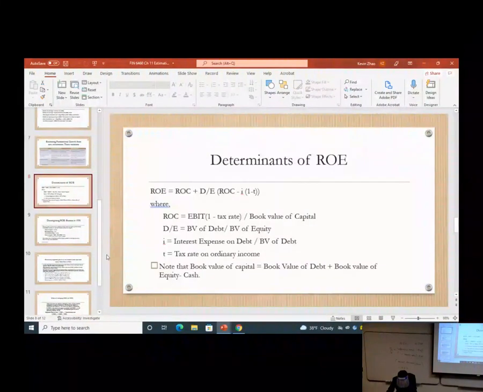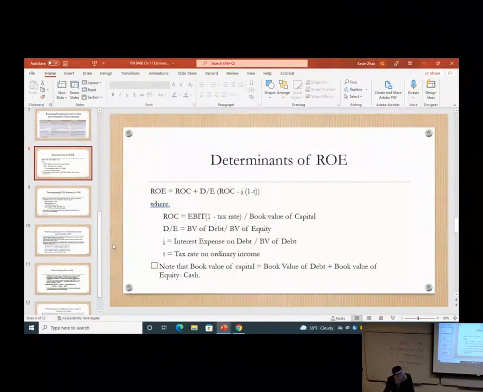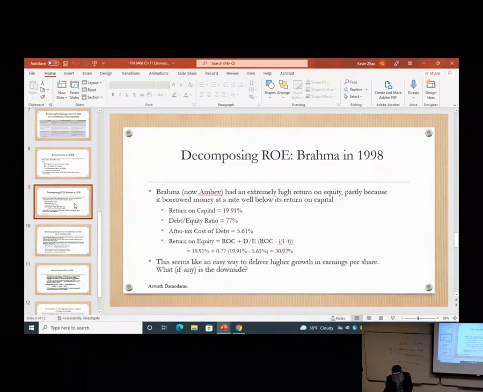There's a certain relationship between ROE and ROC through this equation. If you know ROC, you can figure out what ROE is. If you know ROE, you can figure out what ROC is. There's a certain relationship between those two variables. In this example, how do you get return on equity based on ROC?